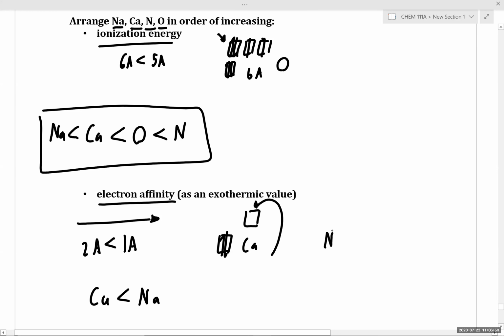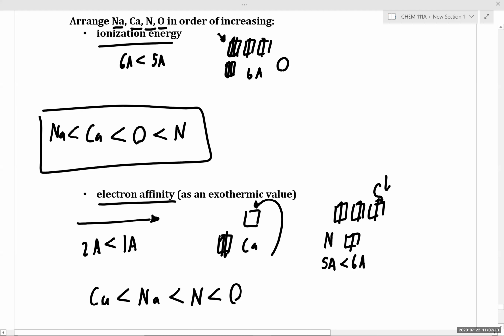And now if we compare nitrogen and oxygen, a 5A element such as nitrogen has a lower electron affinity than oxygen. And the reason for that is that if we want to gain an electron, inherently we would have to pair our electrons. So then nitrogen has the next highest, followed by oxygen.